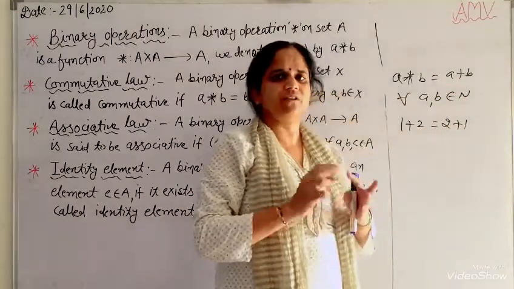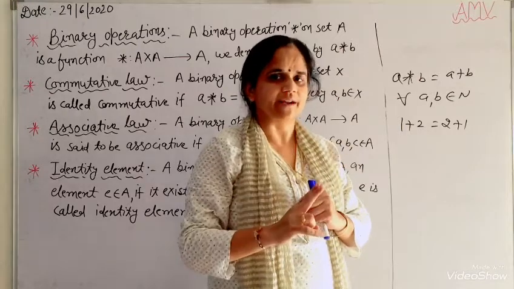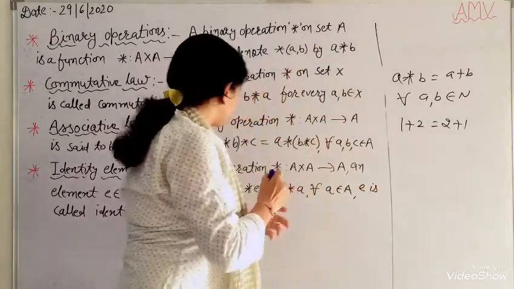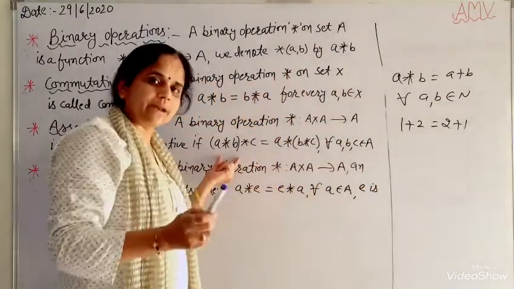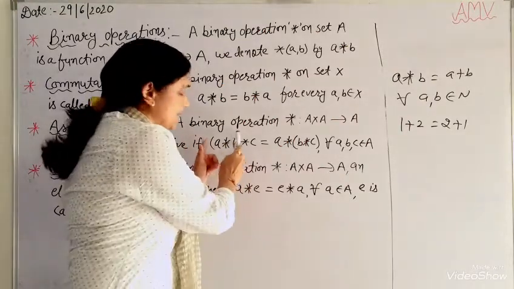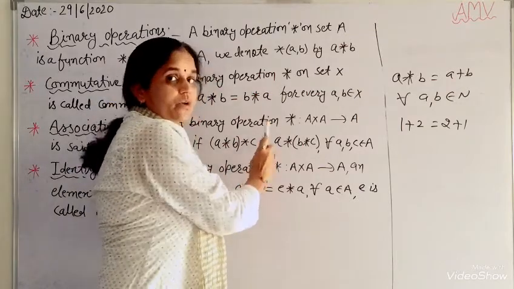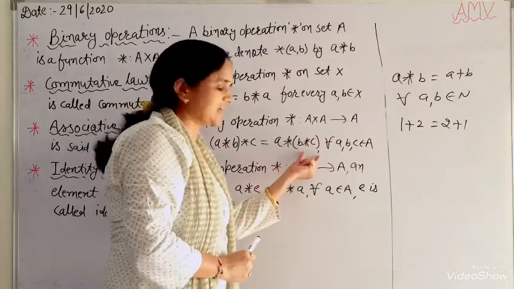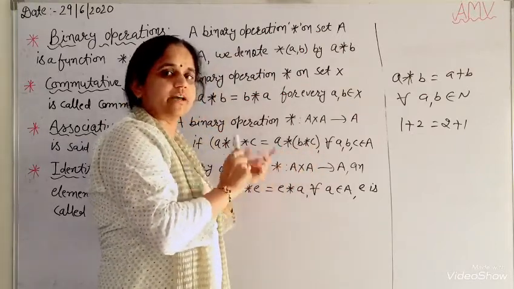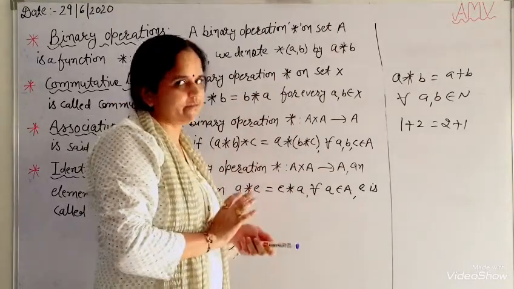We all know that if we add 3 elements, first you have to add 2 elements and then the third element. If we apply an operation on the first 2 elements and then apply the same operation on the third element, and if that is equal to applying the operation on the last 2 elements and then the first element, then it is the associative property or associative law.